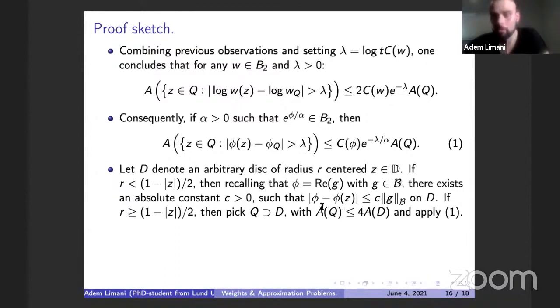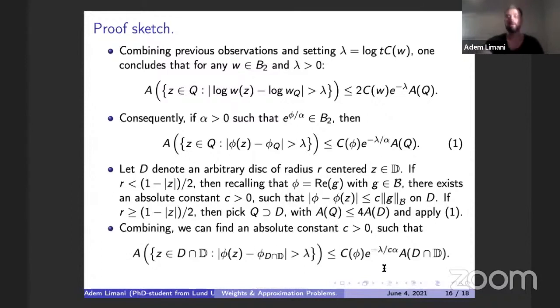Alternatively, on top Carleson squares, they are uniformly bounded by some constant times the Bloch norm. You can see it from the Bloch condition. When the disk is greater than half of the distance, then we pick a cube that covers that disk with the following property, and we apply the previous estimate, and combining, we get the following. Of course, we get a lot of other constants there as well, but this is what we end up with.